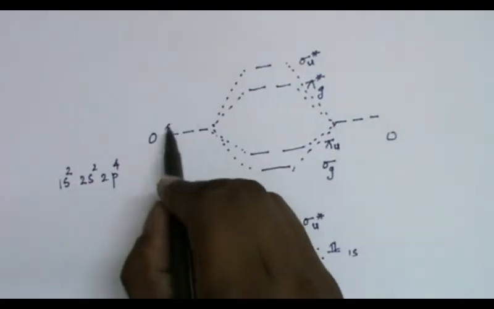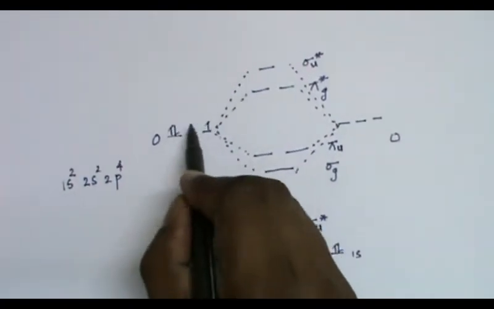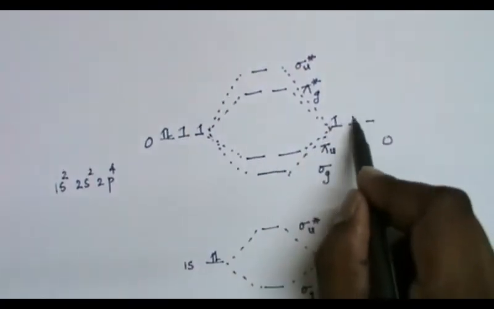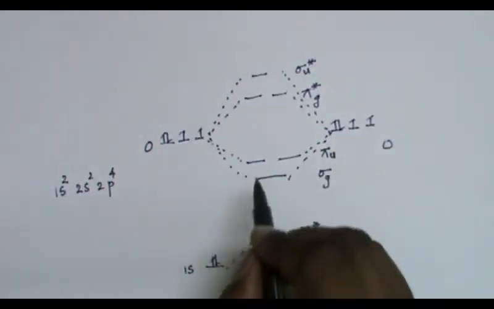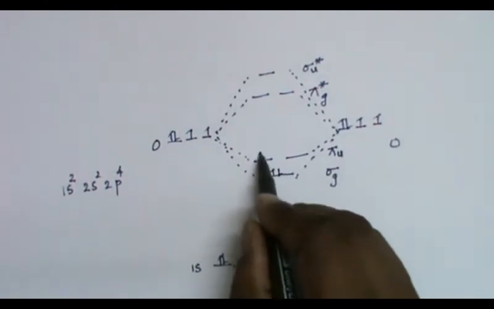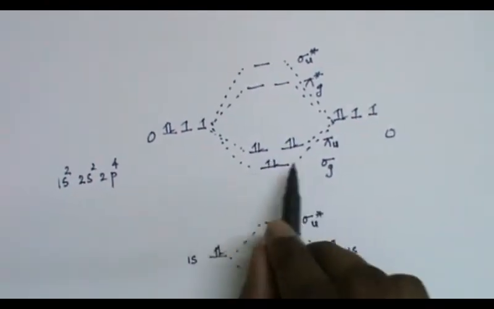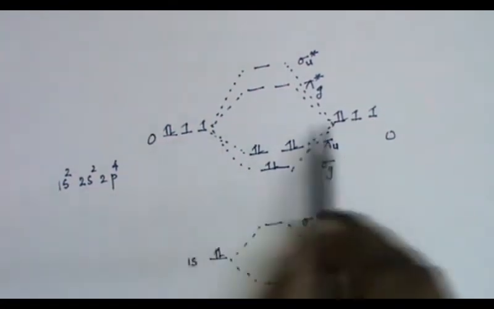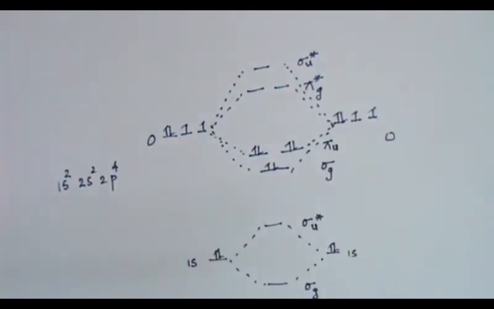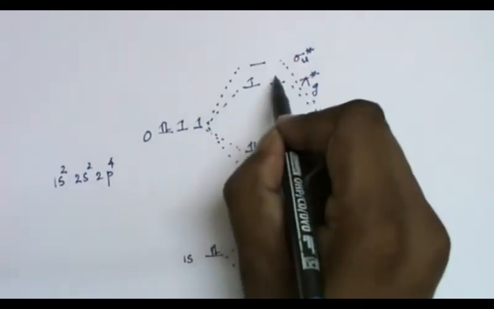Now there are 4 electrons here. Similarly, we have 4 electrons here. These electrons have to be filled in these orbitals. I have filled the bonding orbitals with 6 electrons. I have 2 more. Totally there are 8 electrons. Now I have to fill 2 more here.